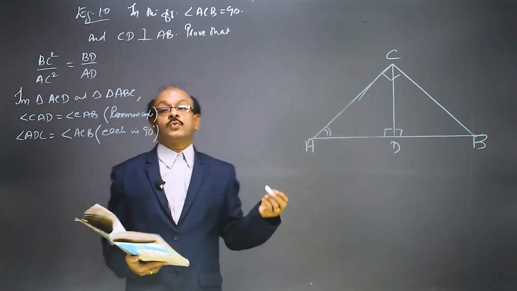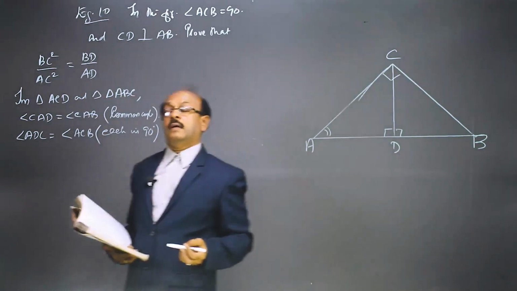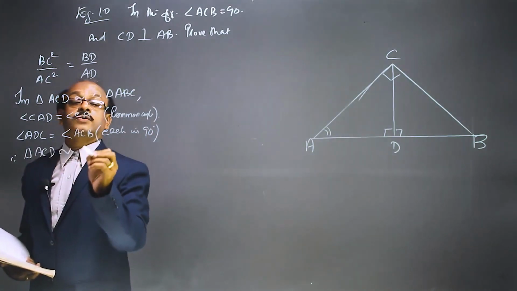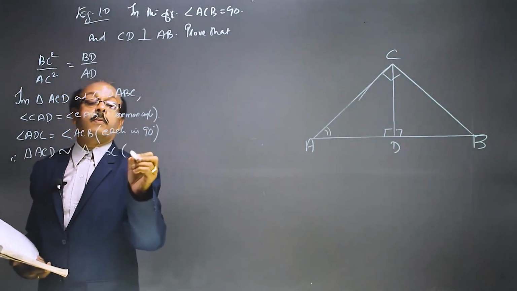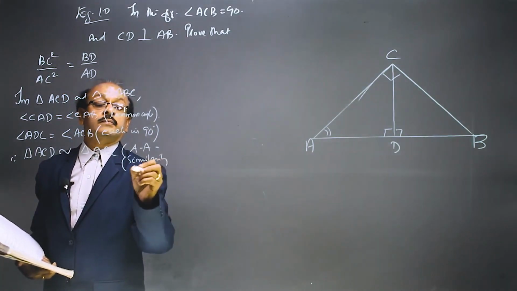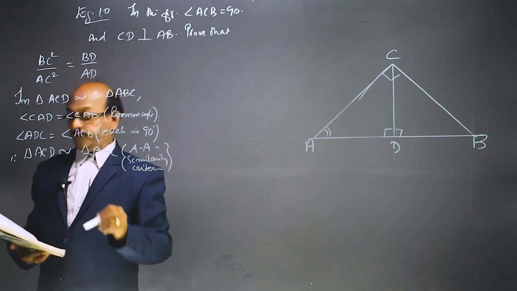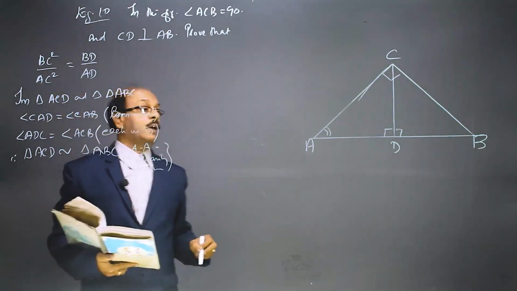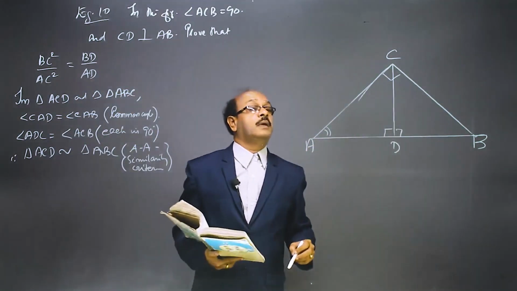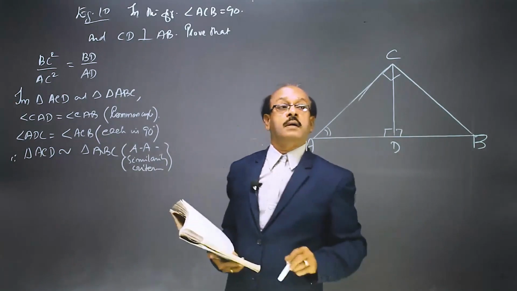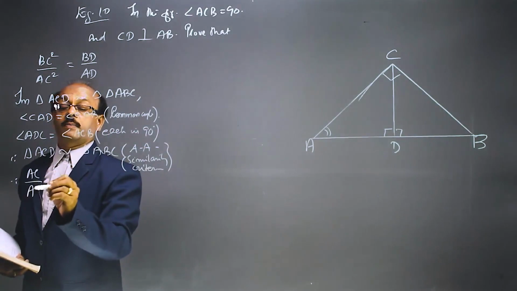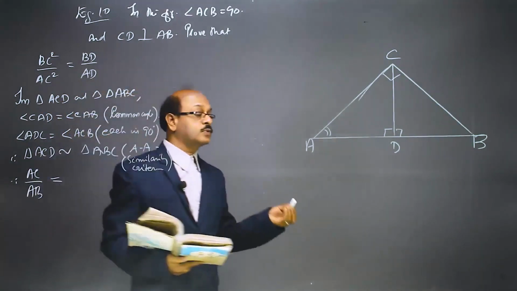So, we can write these two triangles are similar by AA similarity criterion. Therefore, triangle ACD is similar to triangle ABC by AA similarity criterion. Therefore, AC by AB, we are taking the side AC, the hypotenuse of the smaller triangle. AB is the hypotenuse of the larger triangle.